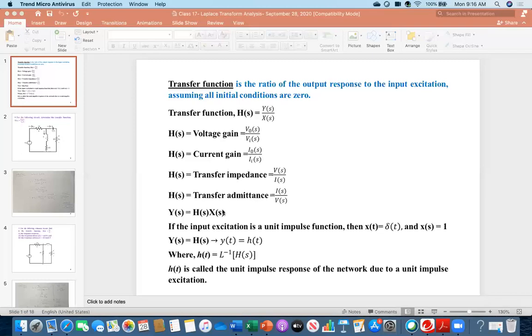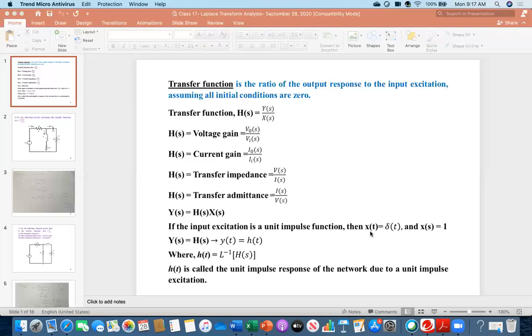From the first equation, H(s) equals Y(s) over X(s), so you can write the output response Y(s) equals H(s) multiplied by X(s). Now, there is one special case when the input excitation is a unit impulse function, which means delta t.